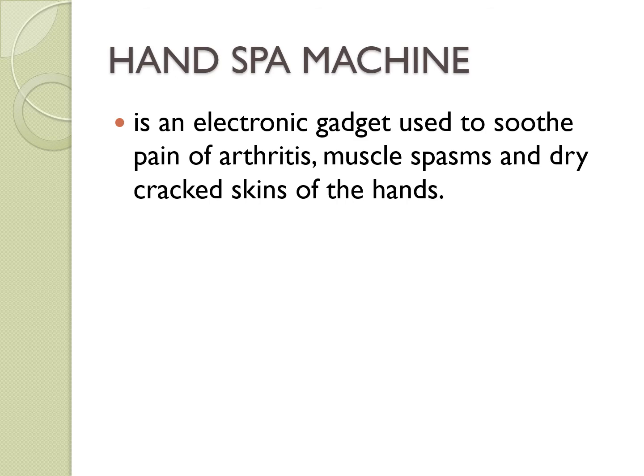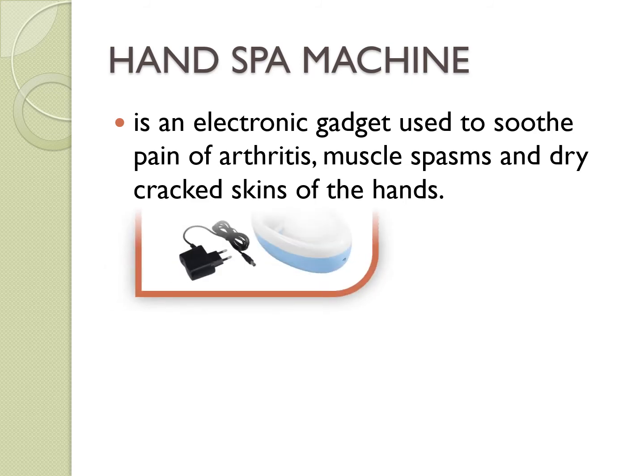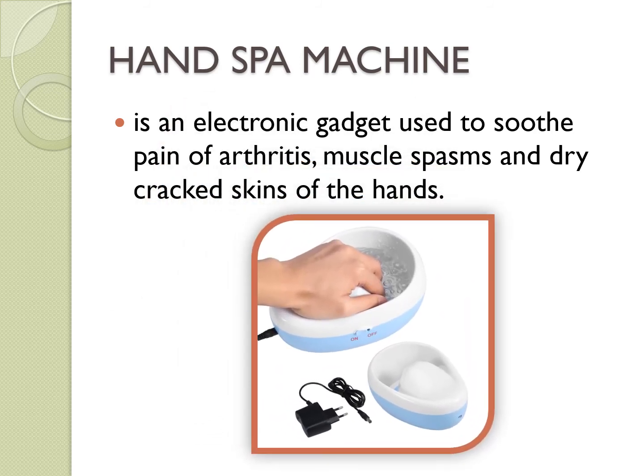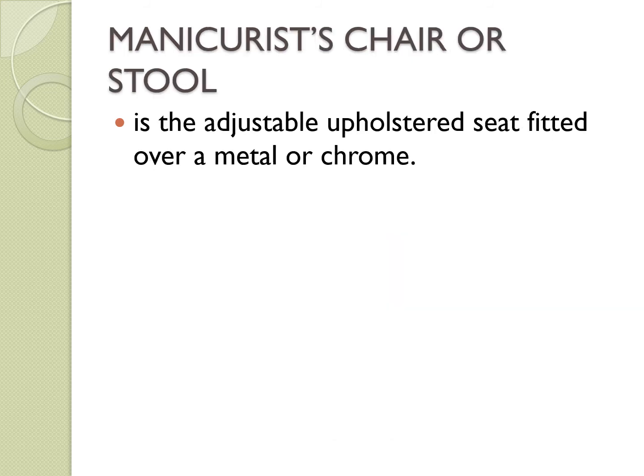Next is the hand spa machine. It is an electronic gadget used to soothe pain of arthritis, muscle spasms, and dry cracked skins of the hands. That is what the hand spa machine looks like. Manicurist chair or stool. It is the adjustable upholstered seat fitted over a metal or chrome.